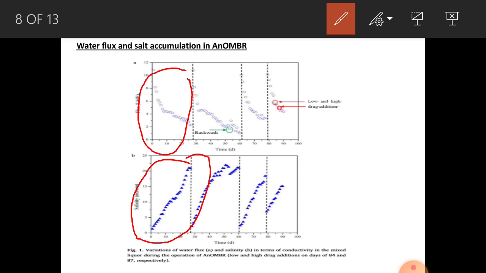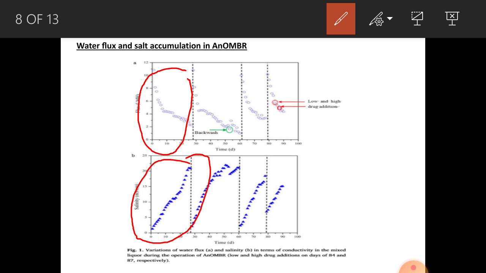So they have attributed this rate of flux decline to the biofouling of the membrane, and this biofouling of the membrane was induced by the polysaccharides, protein and microorganisms in the fouling of the TFC forward osmosis membrane, as was observed in the literature.